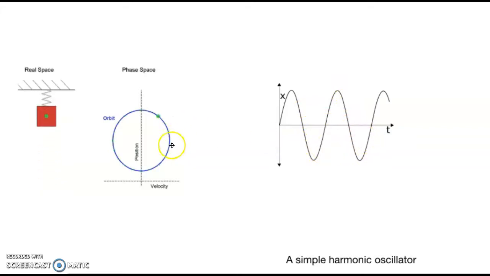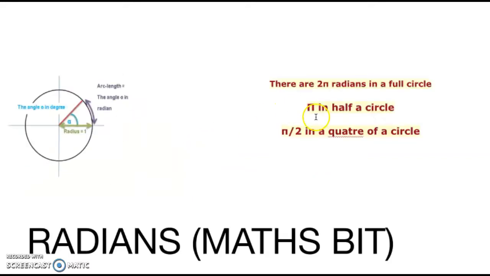So, we can use this circle analogy as a way of describing the difference between two waves. This means that there are 2 pi radians in a full circle, and so there's 2 pi radians in a full cycle, in a full wave.